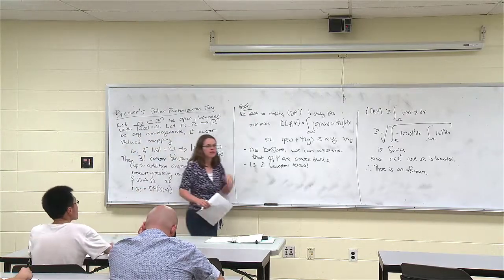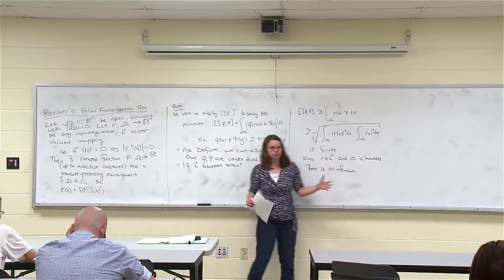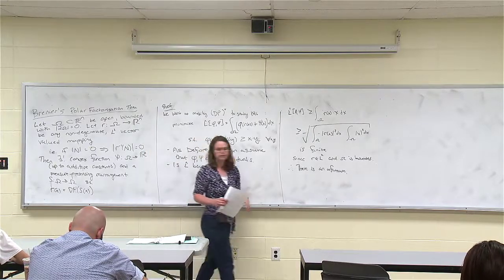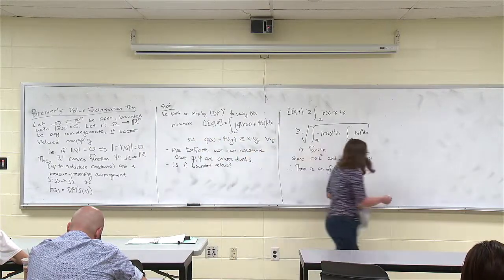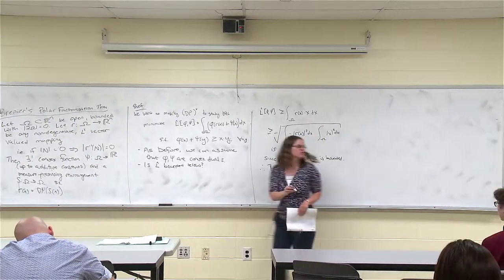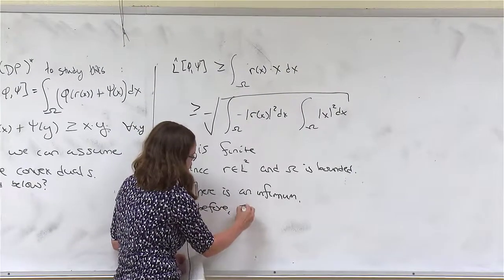Then by the Arzelà-Ascoli theorem, we have uniform convergence to some limit, and that limit is going to be a minimizer. I'm not going to write down any of what I said except the punchline. As before, there's also a minimum.